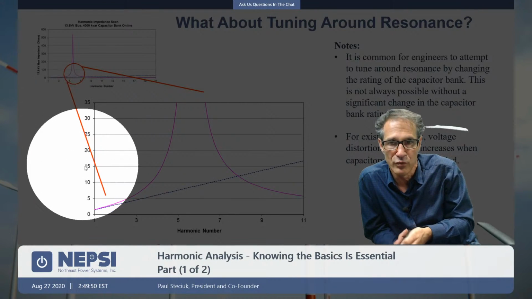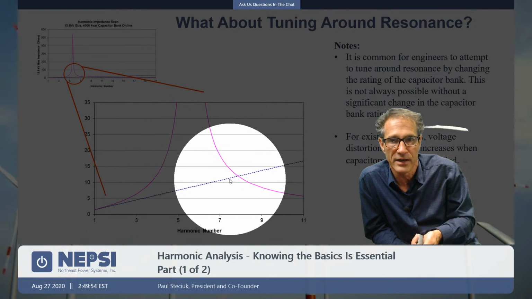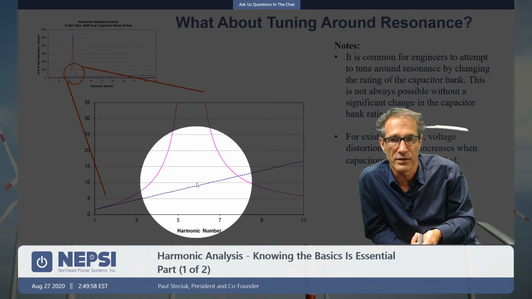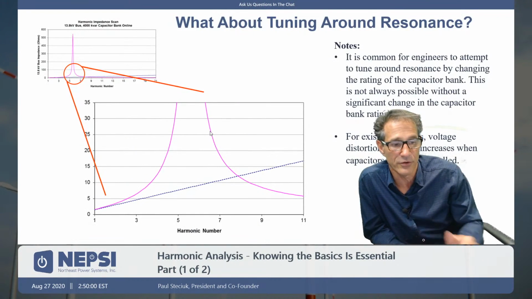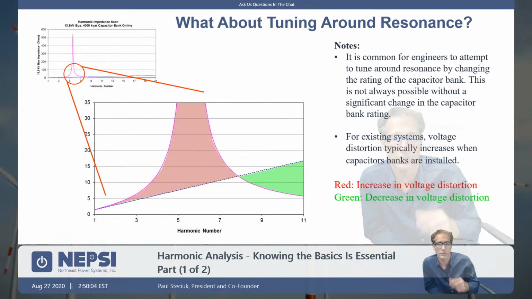Remember this blue dashed line is our original transformer impedance line. I added a capacitor bank here, and I created a resonance at 5.59. You can see that I have increasing impedance of the network all in that shaded red area, which results in a higher voltage distortion. So the impact of adding capacitors to a system normally means increasing voltage distortion.